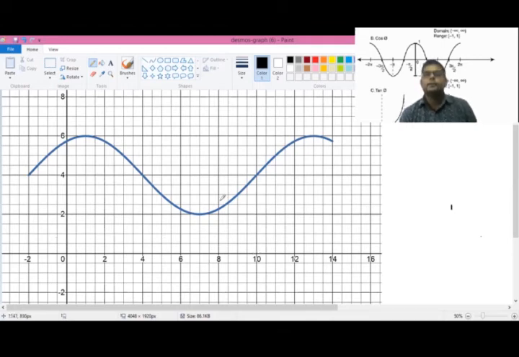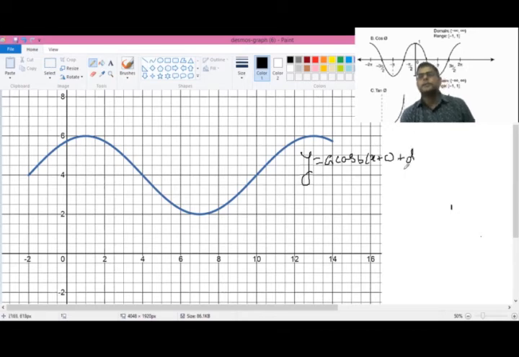Okay, so first of all, in order to find the equation of this graph, I'm assuming this is the graph of a cosine function. So in general, I will consider one equation like this: y equals a cos(bx + c) + d.